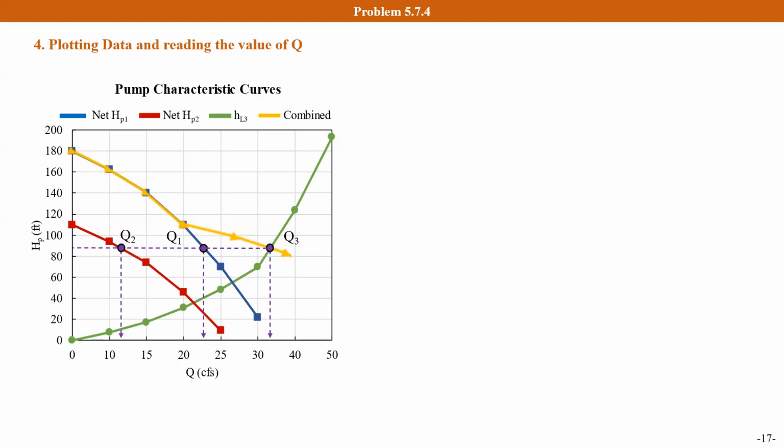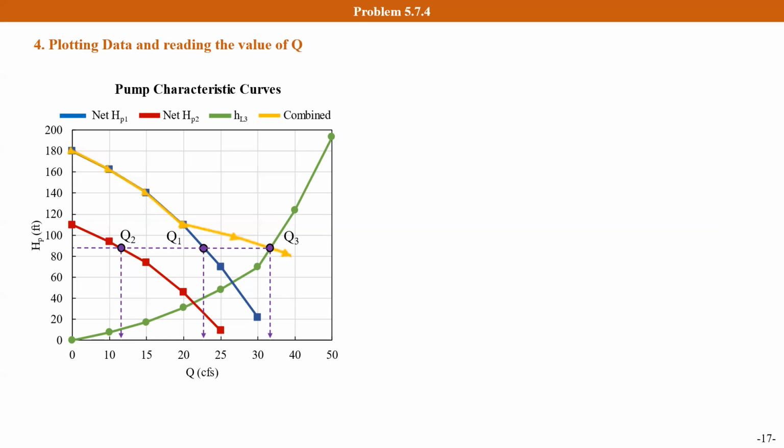In this plot, the red and the blue lines represent the net pump head. As we just mentioned, the net pump head describes the contribution provided by a single pump to overcome the head loss in pipe 3. And the yellow line describes the combined pump curves.